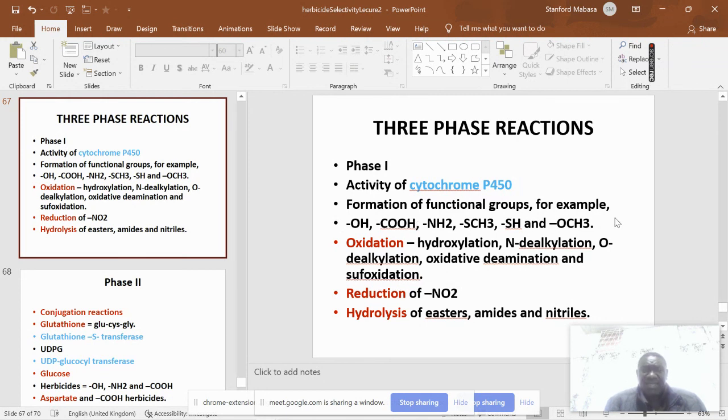Then the processes which we have discussed: oxidation, we have got hydroxylation, N-dealkylation, O-dealkylation, oxidative deamination, and the sulfoxidation.